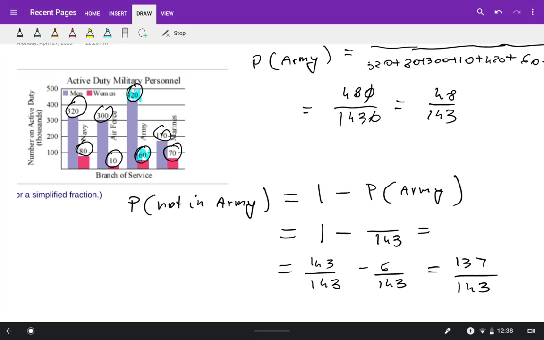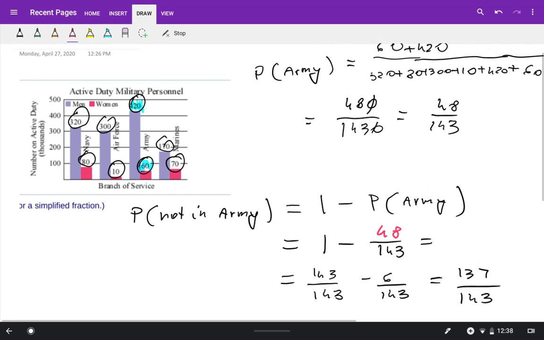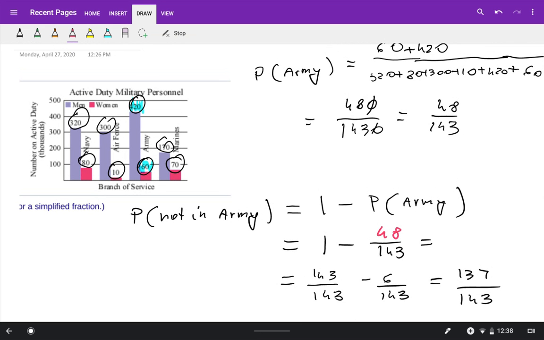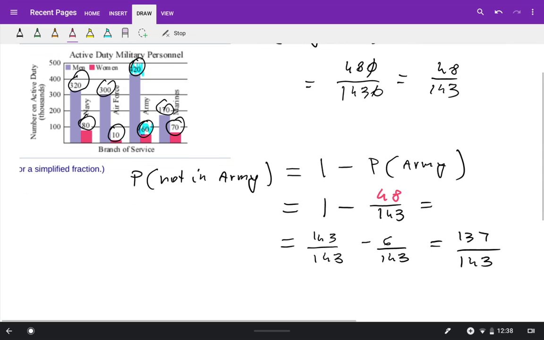It's going to be 1 minus 48 over 143. Again, I did not add 420 to 60. That was my mistake. So I changed 1 to 143 over 143 minus 48 over 143, and now I end up with the correct answer, which was 95.